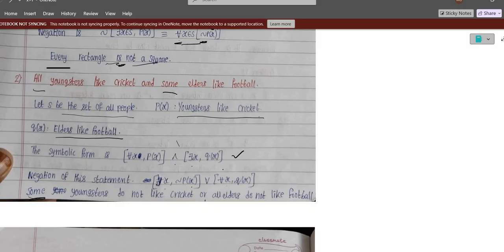Negation of this one is all elders do not like football. While writing this form, you can check the English grammar, because here if "s" is there we want to write "do." If "s" is not there, we want to write "does," like that. After writing this sentence, once you read it, reframe the sentence grammatically.